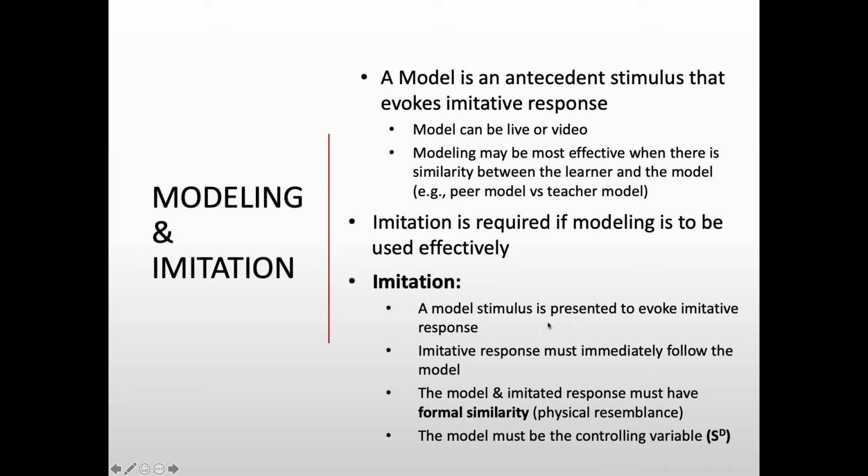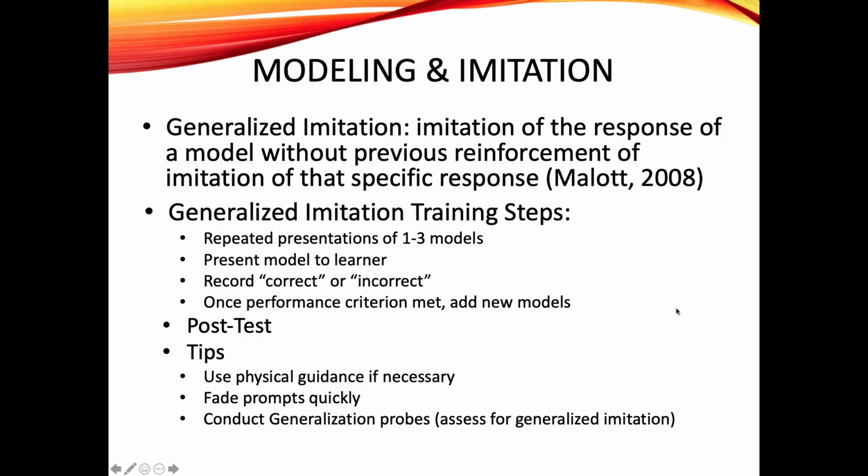So the model stimulus is presented to evoke the imitative response. The imitative response has to immediately follow the model. And that's where you know that the person has an imitative repertoire. But again, if that doesn't exist, you need to generate imitation or teach generalized imitation. So fortunately, we can teach imitation or generalized imitation.